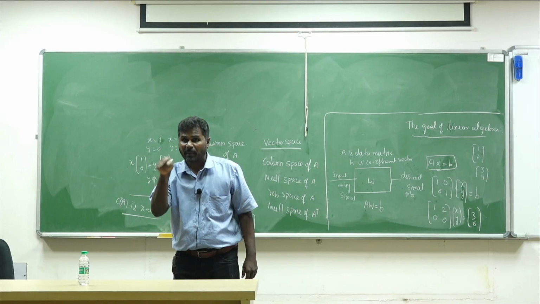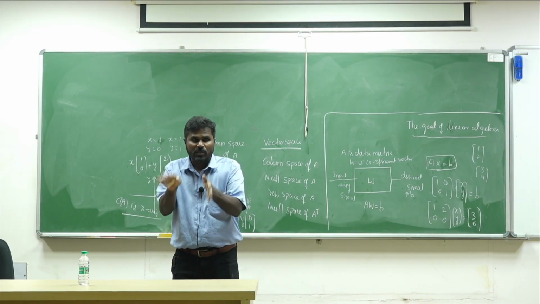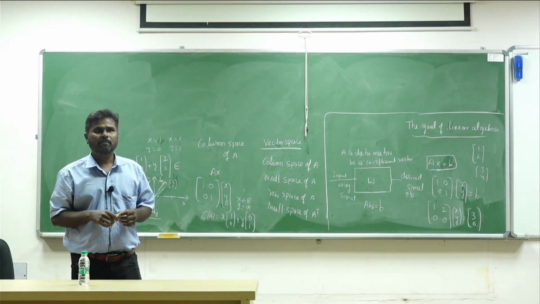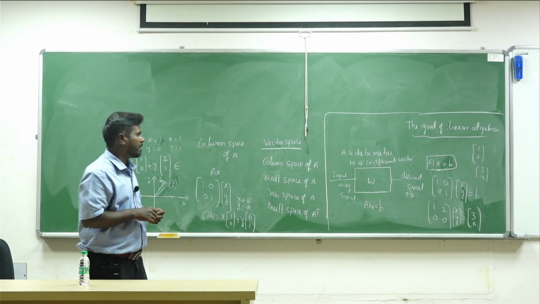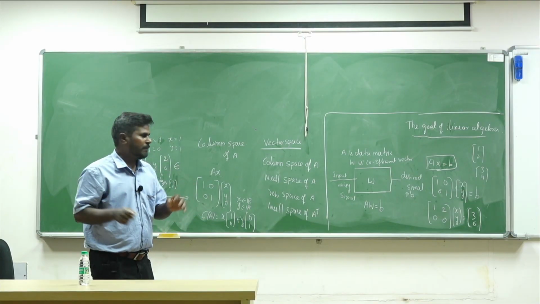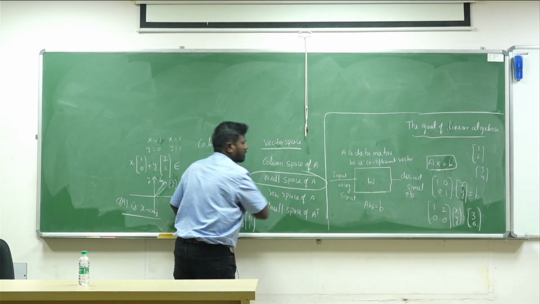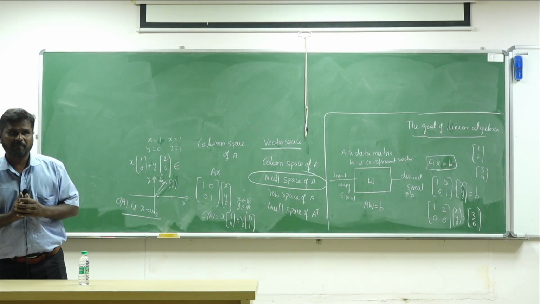That is called the particular solution. That is not the only solution. Other solutions exist if there is a null space of A.